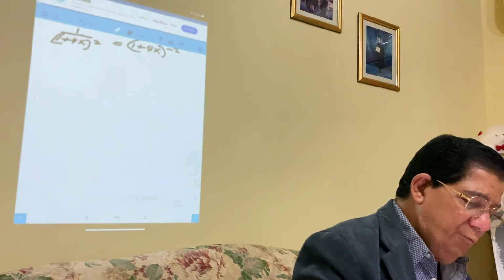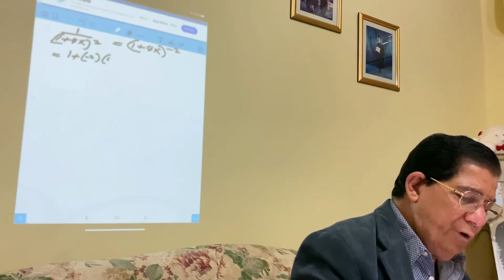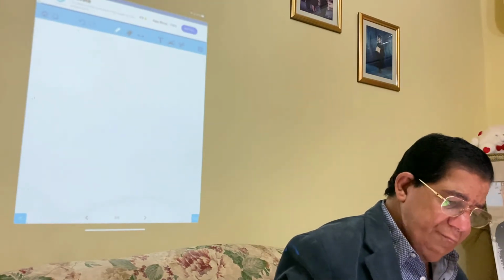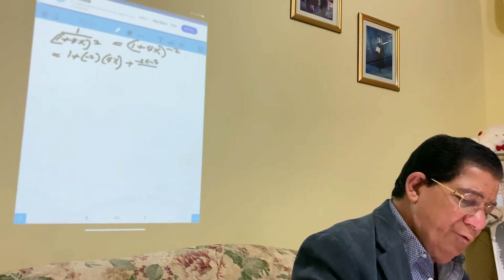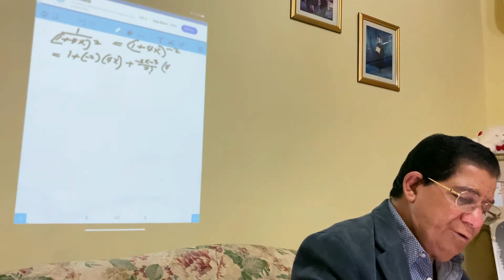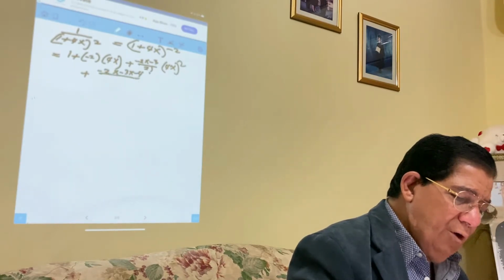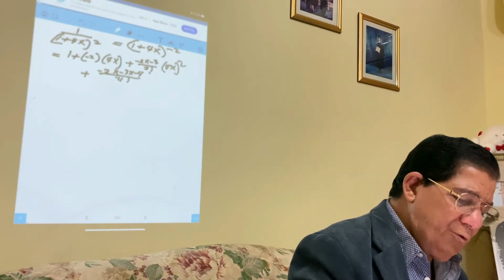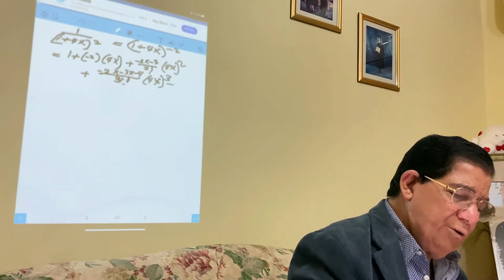This would be equal to 1 plus negative 2 times 4x plus negative 2 times negative 3 over 2 factorial 4x squared plus negative 2 times negative 3 times negative 4 over 3 factorial 4x cubed plus and so on.